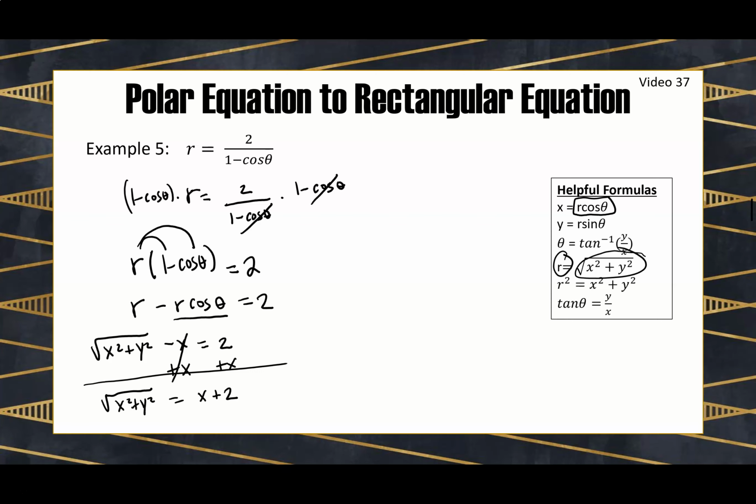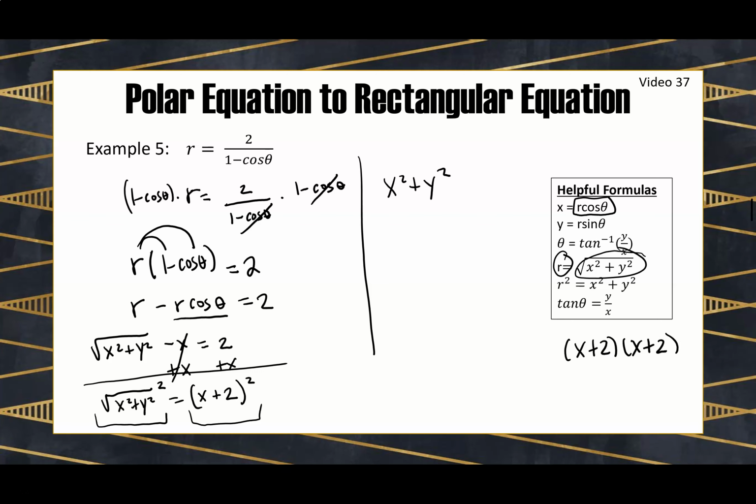And then the next thing that we're going to do here is square both sides. So I'm going to put a square here, and I'm going to square this whole thing. Well, what happens when I square a square root? It disappears. So I'm just left with x squared plus y squared. And then what about this? Well, that's FOIL, or that's box method, whichever one you choose.